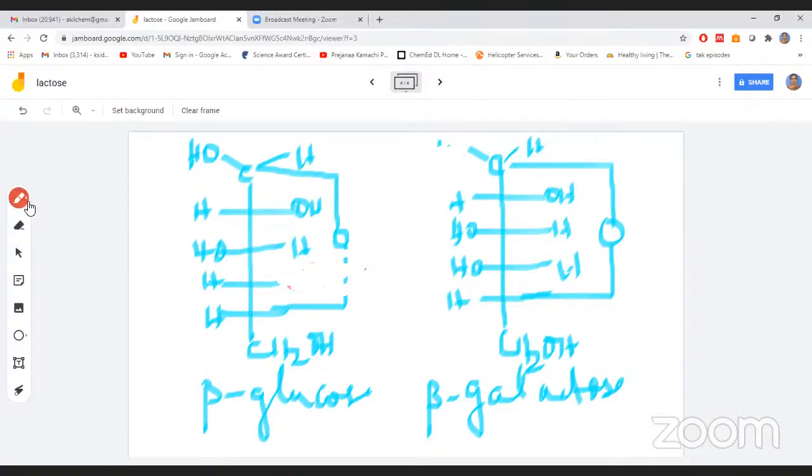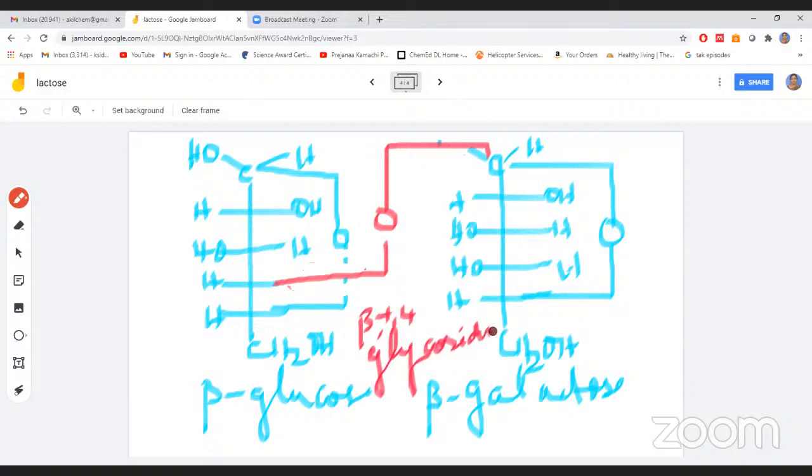Let me put it in green. So I will have a glycosidic linkage like this. This is what is called a beta 1,4 glycosidic linkage.